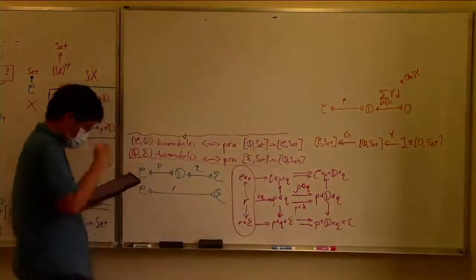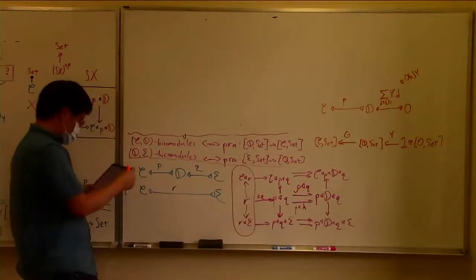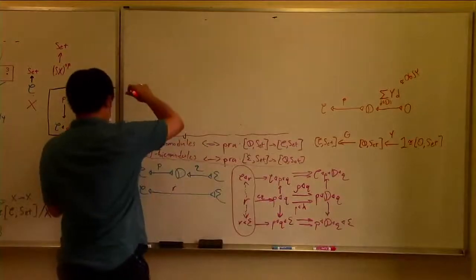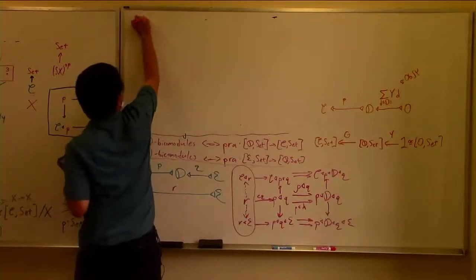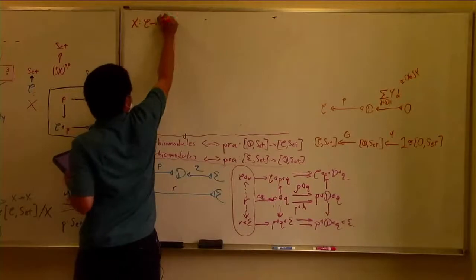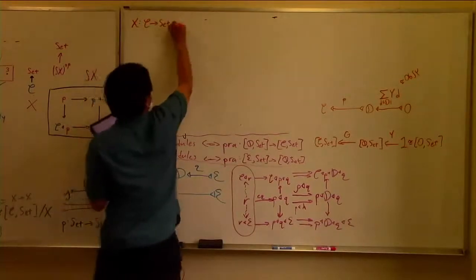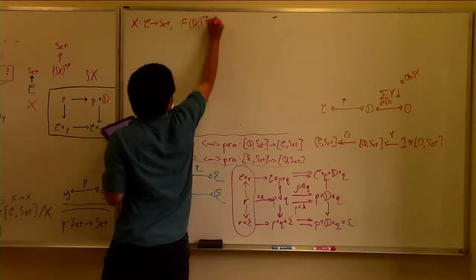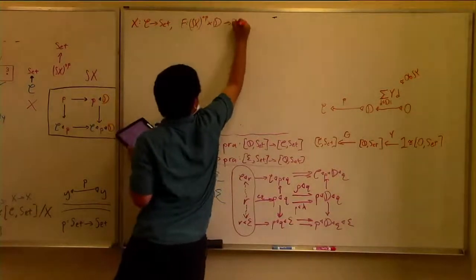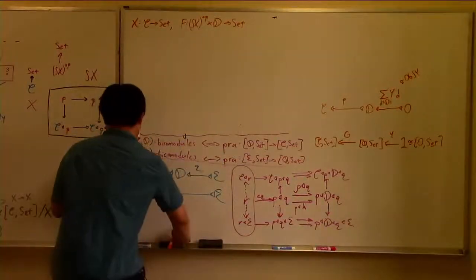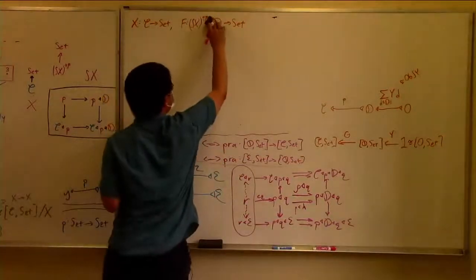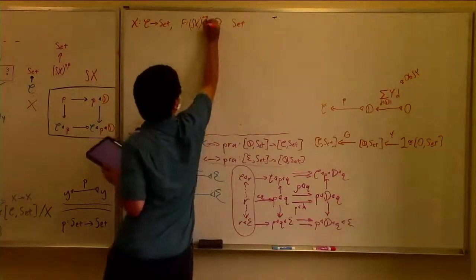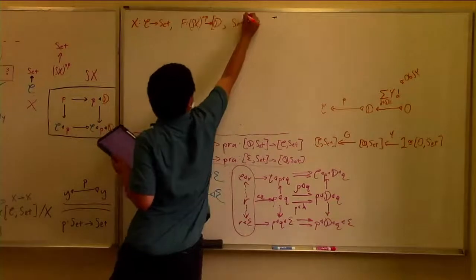So what is G of y? Well, we're starting with this. Let's say our bicomodule P corresponds to some functor from C to set along with some pro-functor from C op times D to set. Again, I'm going to think of this as just a functor into the comma set, by currying this.